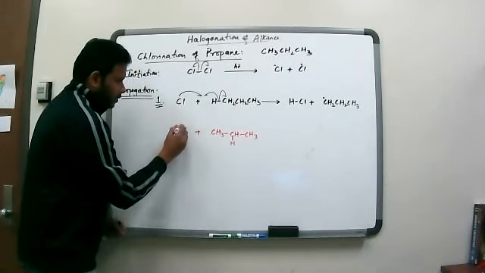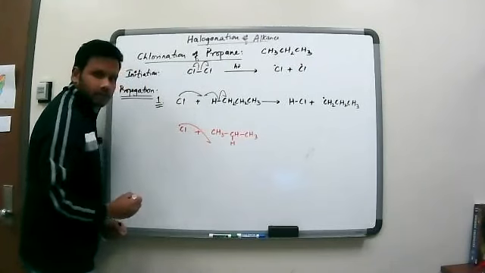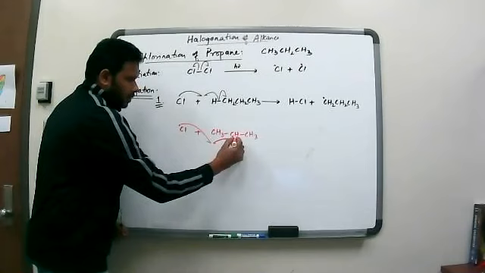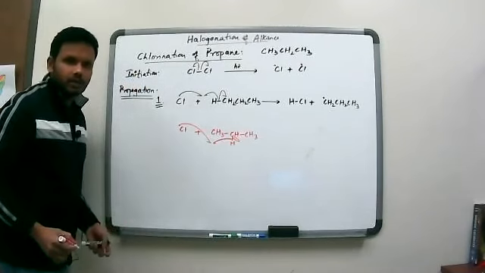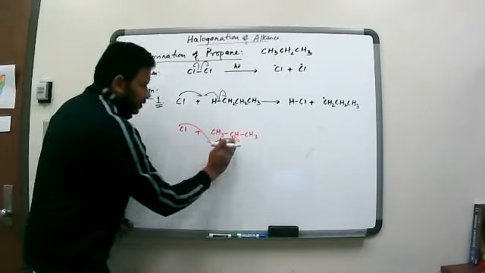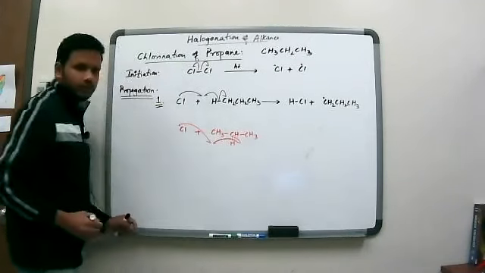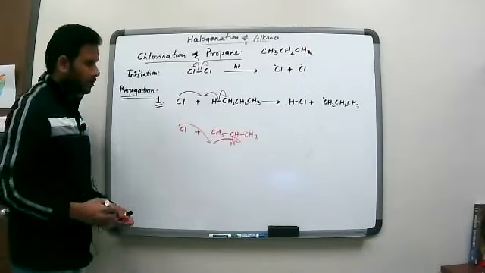So the chlorine brings its electron, the hydrogen brings its electron, the other electron goes back to that carbon. Again, all of these are single-headed fish hook arrows. That's what I'm drawing there.